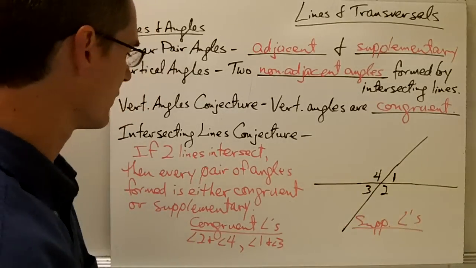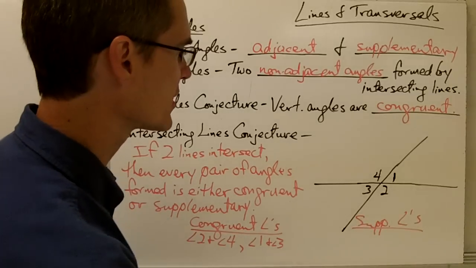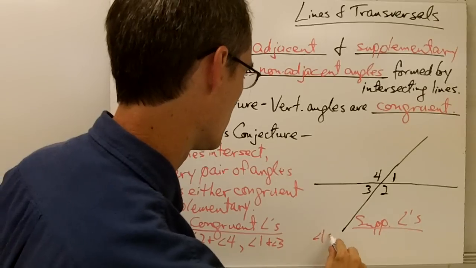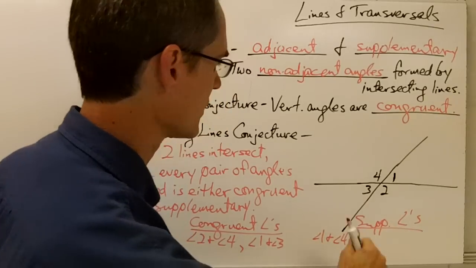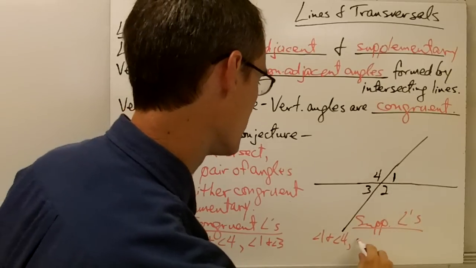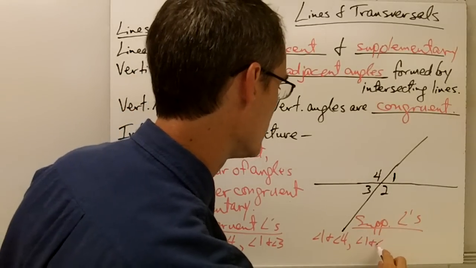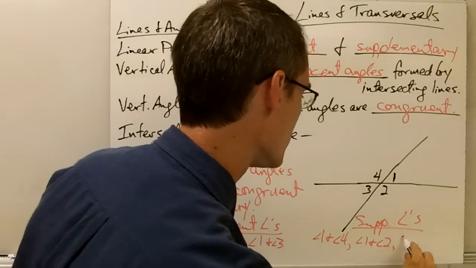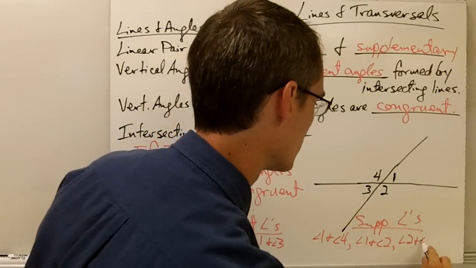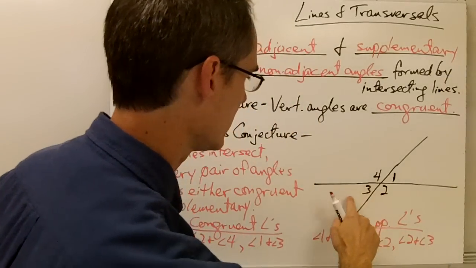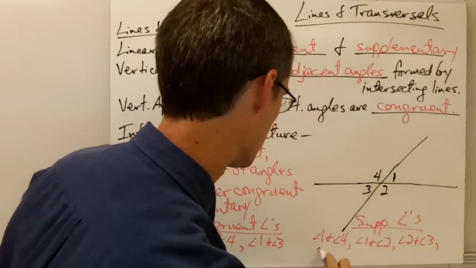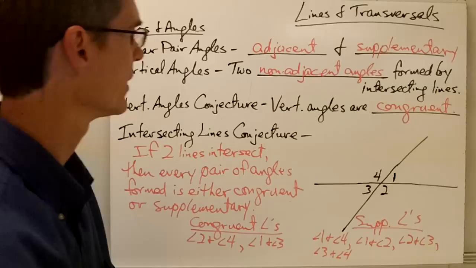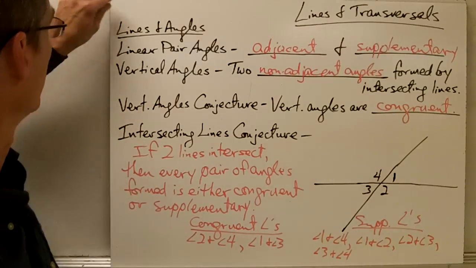So that's my pairs of congruent angles. My pairs of supplementary angles: angles 1 and 4 are supplementary, angles 1 and 2 are supplementary, angles 2 and 3 are supplementary, and angles 3 and 4 are supplementary. Okay.